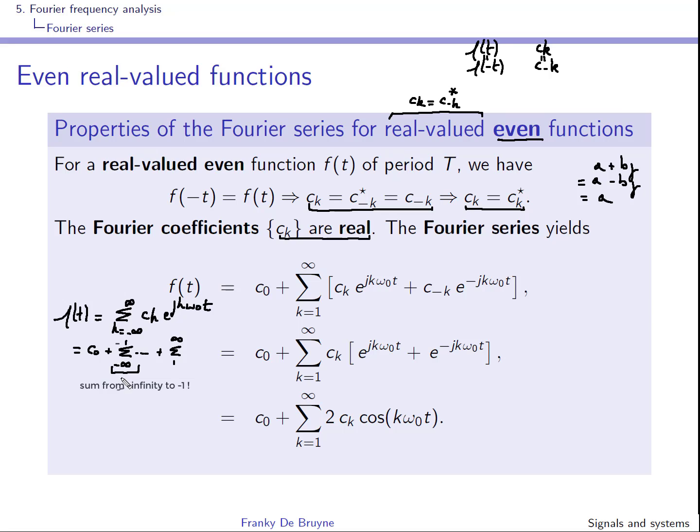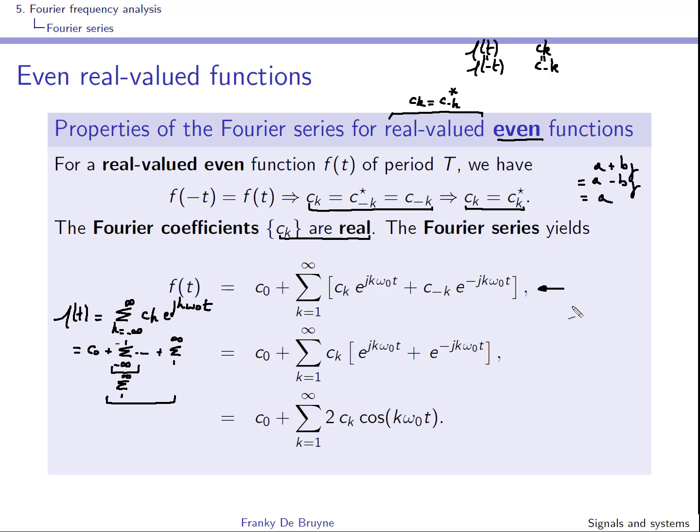This you can then rewrite by changing k by -k into a sum from 1 to infinity, and then you can collect all terms in this sum from 1 to infinity. This is what has been done over here.